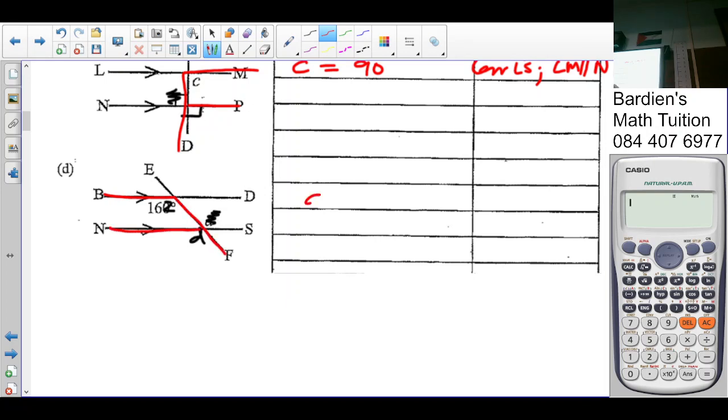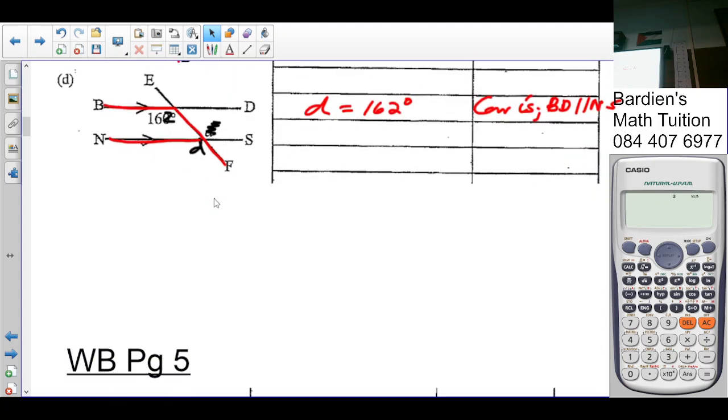So we say D is equal to 162. Why? Corresponding angles with BD parallel to. Okay, you guys understand? Don't forget to write the corresponding as well as the lines that are parallel.